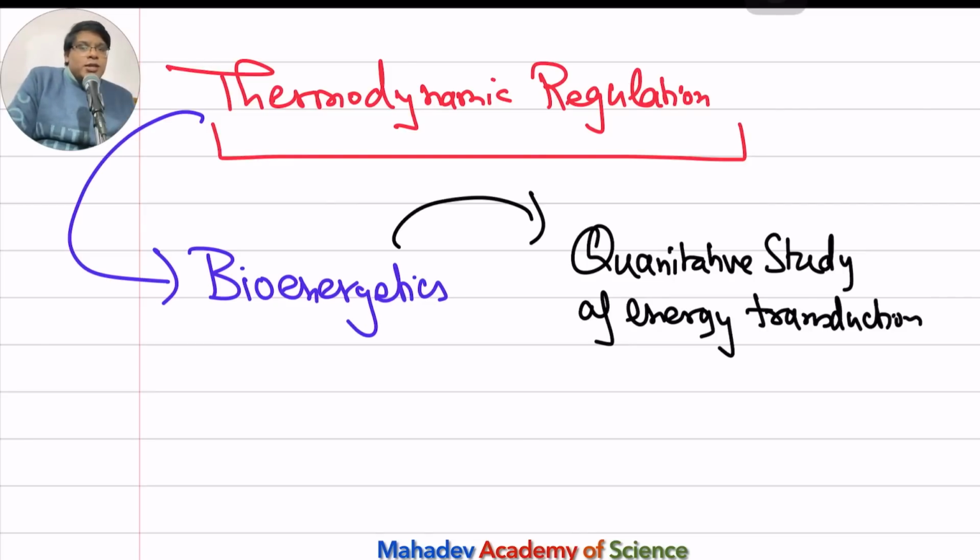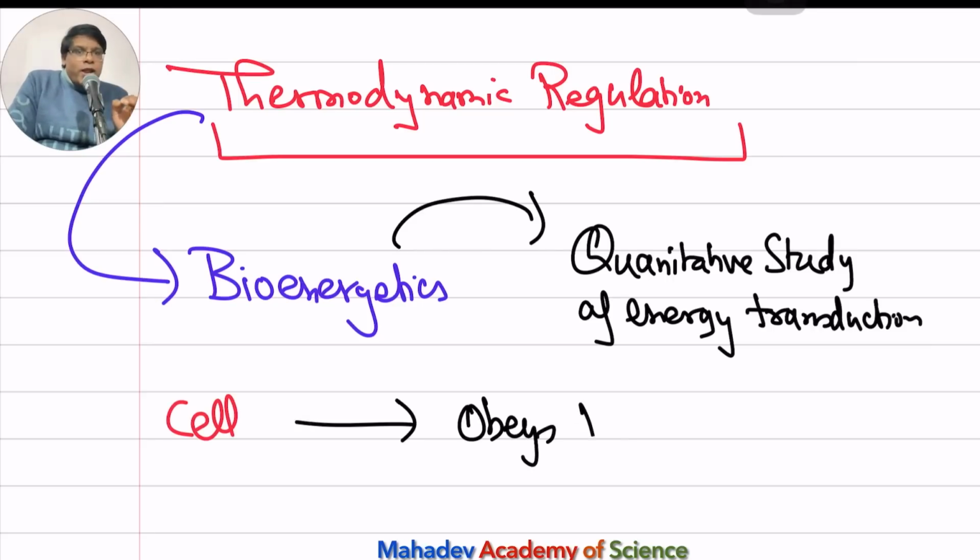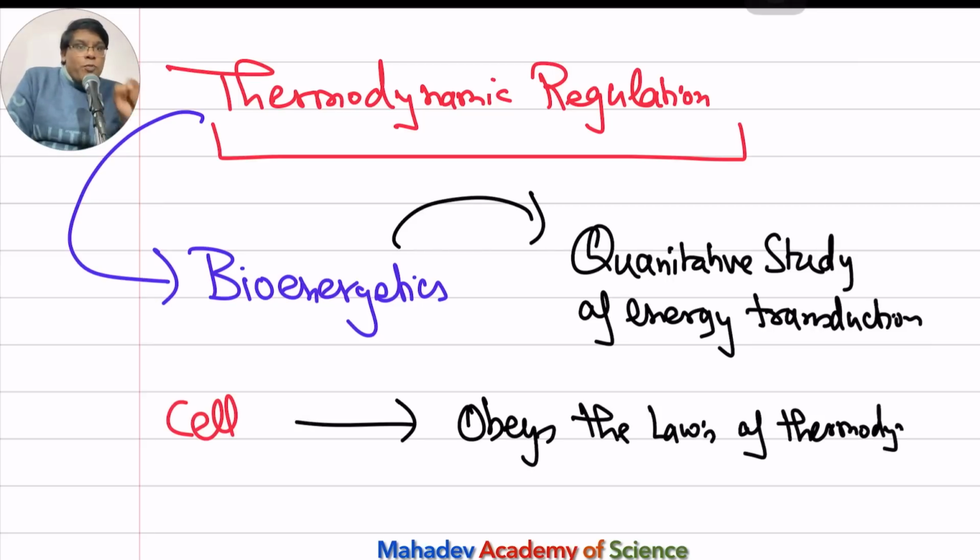Now, keep in mind, the cell obeys the laws of thermodynamics. Hopefully you must have read laws of thermodynamics in your physics class and your chemistry class. But here we are going to learn that the living cell also follows the laws of thermodynamics.